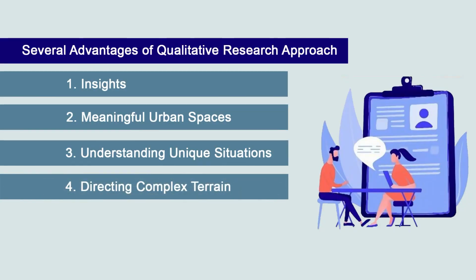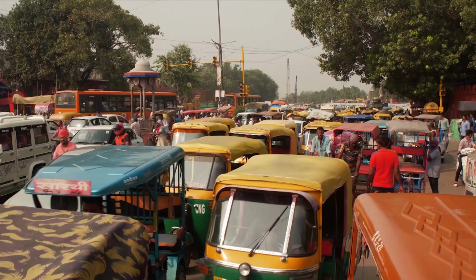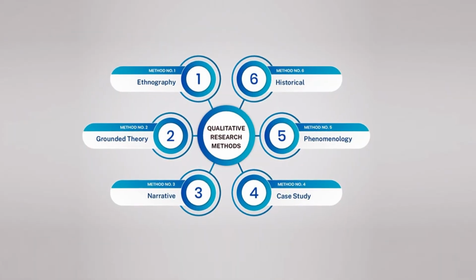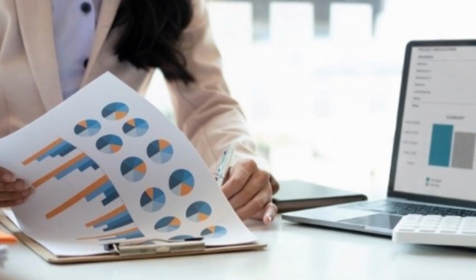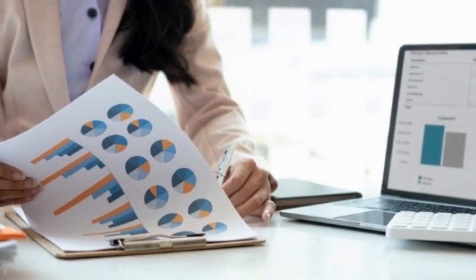Navigating complex terrain. Urban landscapes sprawl with complexity, a web of interconnected elements. Qualitative methods and research function as compasses and maps, aiding the researchers in navigating this intricate terrain. By dissecting these complexities, they unearth insights that offer a profound grasp of the urban fabric's multifaceted nature.